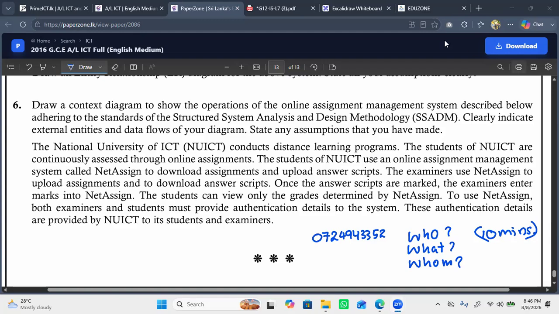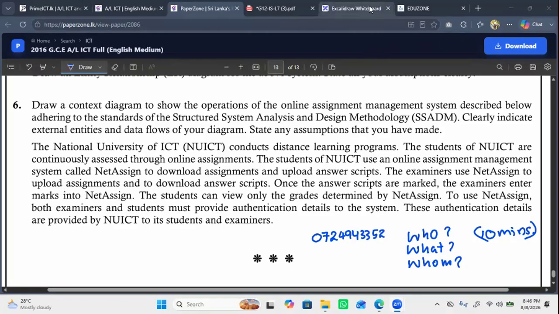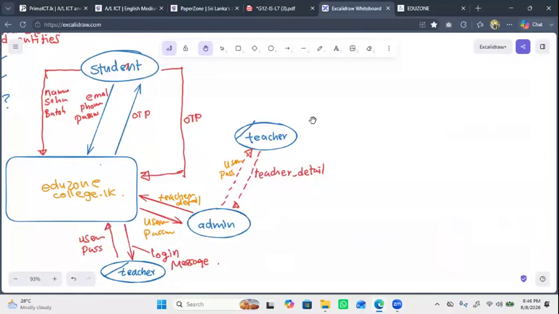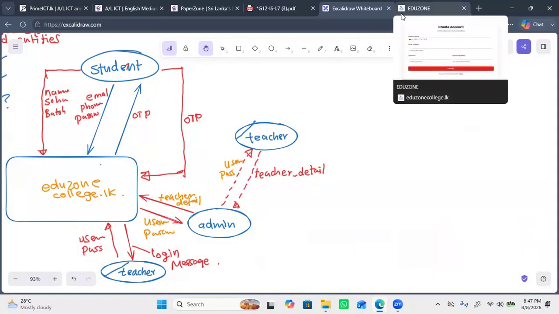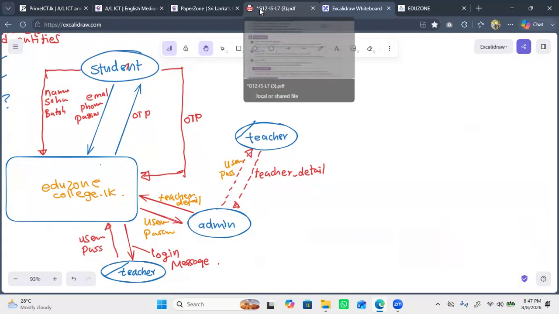Oh, okay, the diagram that I drew. Here, this one is the diagram. Take a screenshot quickly if you want, I want to switch back to the question. This was the diagram, but when you are drawing, use a ruler and draw it nicely. Don't draw it like this one. And now here's the question.